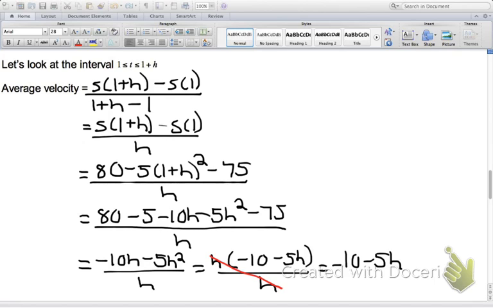That will be our average velocity. And as h approaches 0, the average velocity approaches negative 10 meters per second.